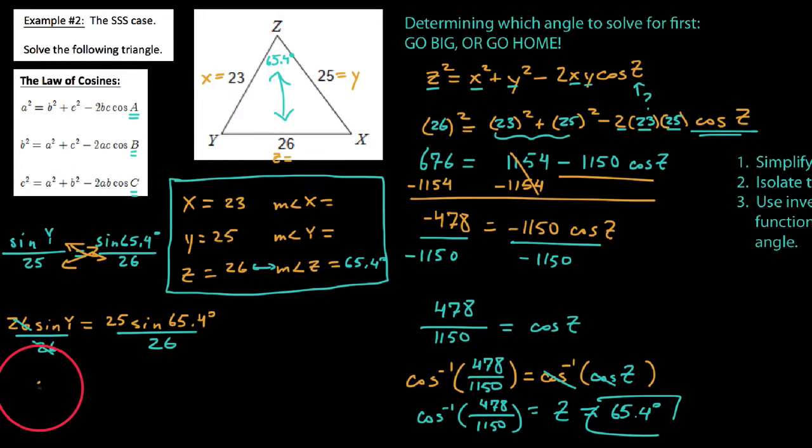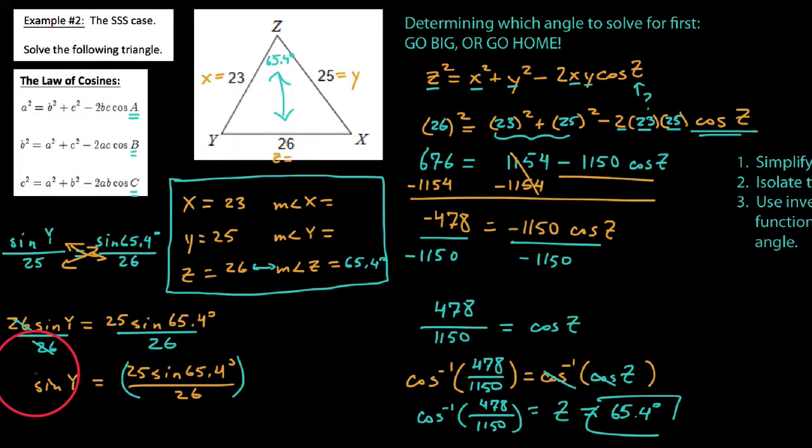So the sine of this angle is equal to 25 times the sine of 65.4 degrees all over 26. And so what we're going to do now to undo our sine is we'll take a sine inverse of both sides.